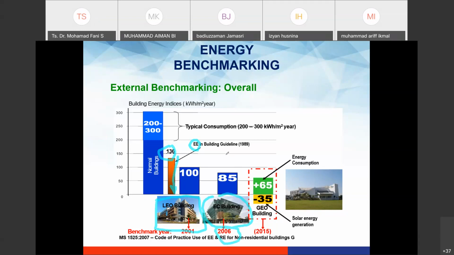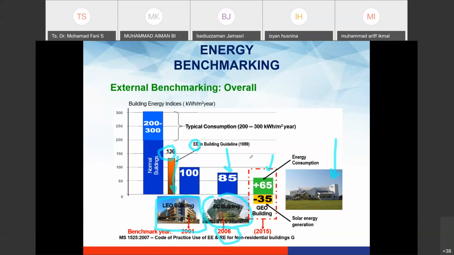The BEI or EI for this building is 85, and we have the GEO building, Malaysia Green Technology Corporation in Bangi. For the first design of the GEO building, they recorded the EI at the time as 65.